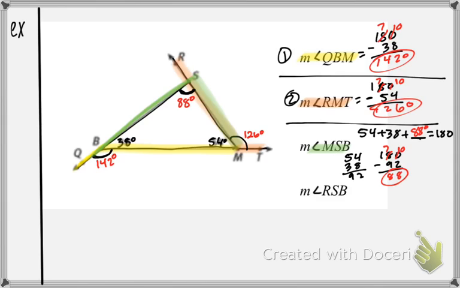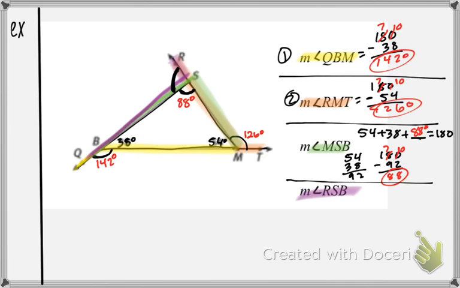Okay, and so for the last one, let's do purple. RSB is right here. So we have R, S, and B. So they want to know this angle right here. Okay. So that's an exterior, and so I'm going to look at the angle next to it, which is 88 degrees, which we found, right?